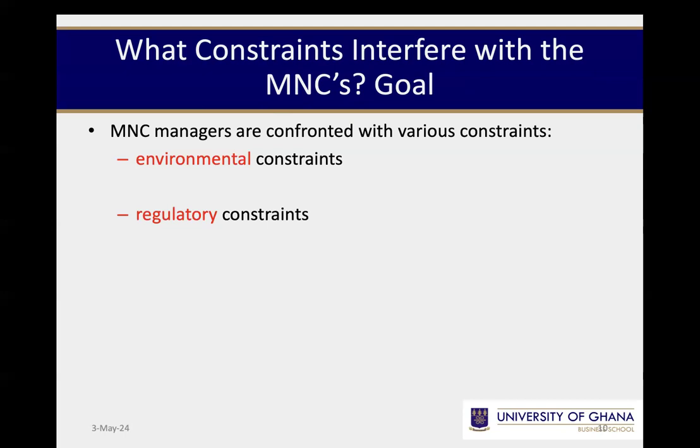Then we also have regulatory constraints. So what could be considered legal and accepted in the parent country could actually be considered inappropriate in another, or there may be constraints in terms of the flexibility with which some activities could be engaged in. Then, of course, we've also talked already about the issue of ethical constraints, etc.